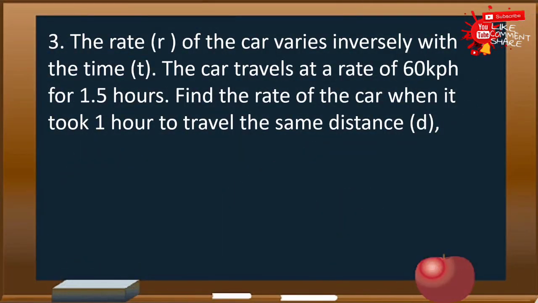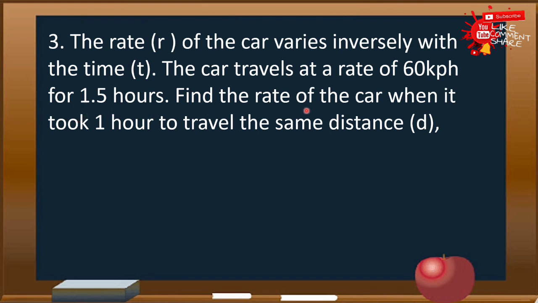Problem solving number 3. The rate R of the car varies inversely with the time t. The car travels at a rate of 60 km per hour or 60 kph for 1.5 hours.